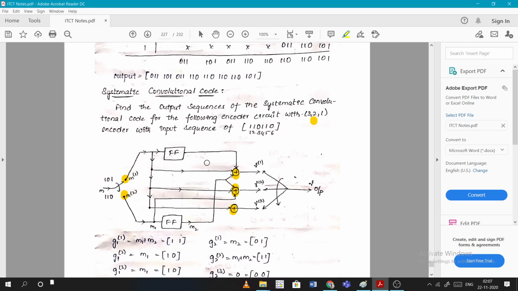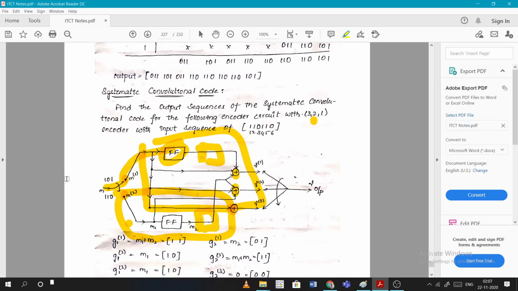In the diagram you can see 2, but I am writing only 1 because one input is influencing only one flip-flop. When you connect the first, the set is like this only. When you connect the second, the set will be different. For each input only one flip-flop is present. If there is one more flip-flop, then we will say 2. Okay, like that.